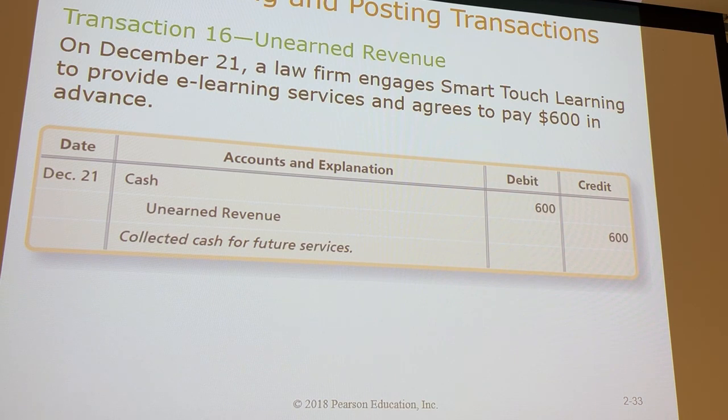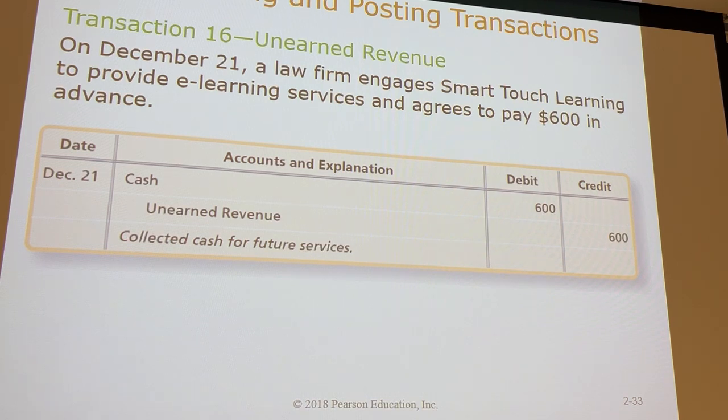Basically, you haven't earned the revenue yet because you haven't provided the services yet. So what you do with the $600 is you put it into a liability account, and the name of that liability account here is unearned revenue.